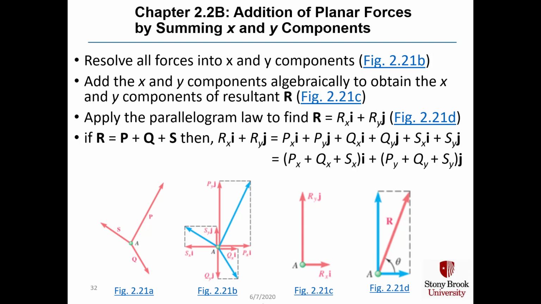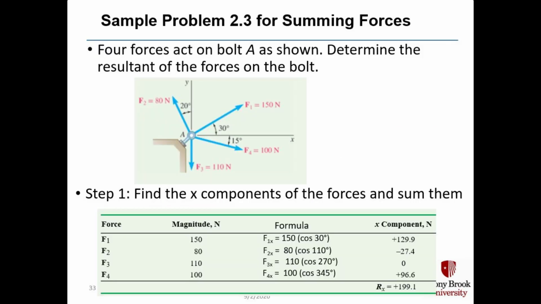If vector R equals vector P plus vector Q plus vector S, then R sub x times i plus R sub y times j is the sum of the x components, P sub x plus Q sub x plus S sub x, times i, plus P sub y plus Q sub y plus S sub y, times j. Here's sample problem 2.3 to illustrate how you sum planar forces using the method just described.